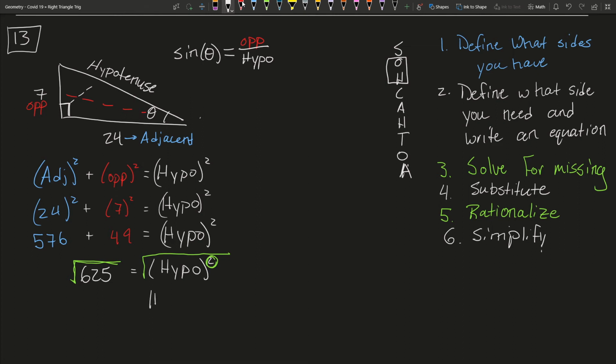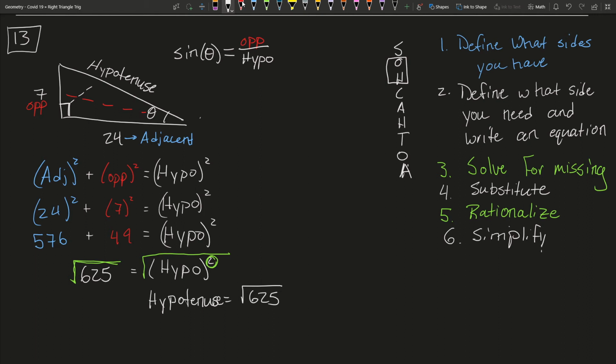So then we have that the hypotenuse is equal to the square root of 625. Now here's where it gets a little bit difficult for a lot of people. We have to simplify that square root of 625.